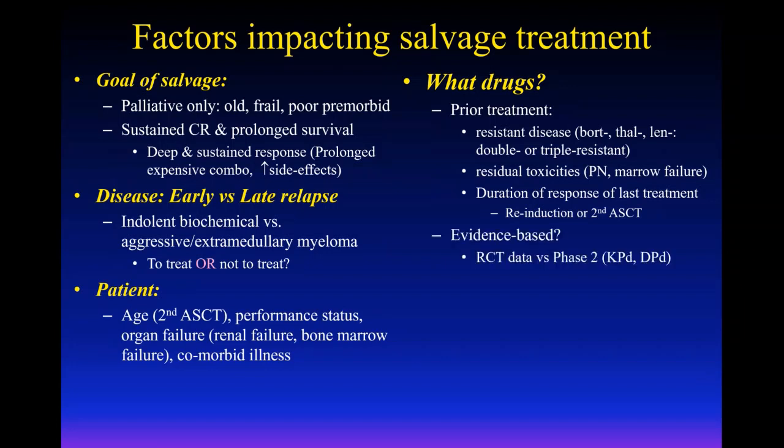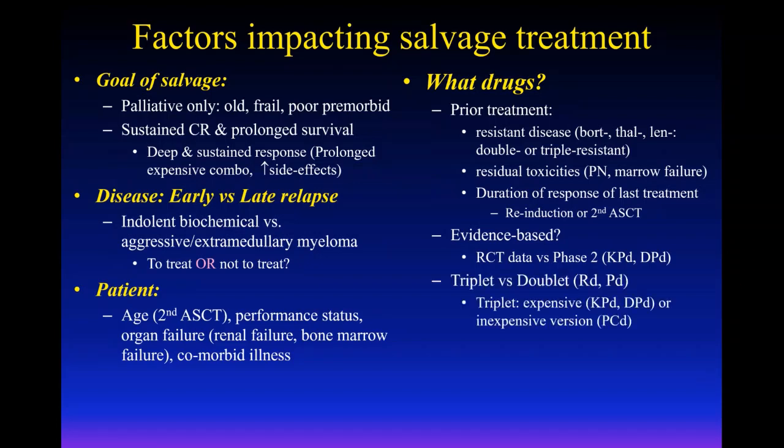In that connection, do you require randomized controlled trial data, or are you happy with phase 2 data? The next question is whether you want to use a triplet for reinduction or a doublet. In the case of a triplet, it can be an expensive triplet combining a next generation PI with a third generation IMiD, or there are also inexpensive triplets.